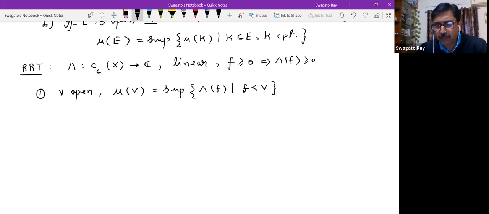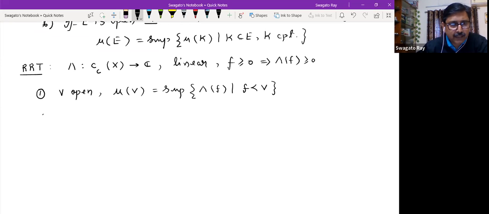That means some amount of inner regularity is already inbuilt in the definition. I said some amount because it's not really the case that big Lambda of f is the measure of the support. But let's pretend that some such thing is actually happening.